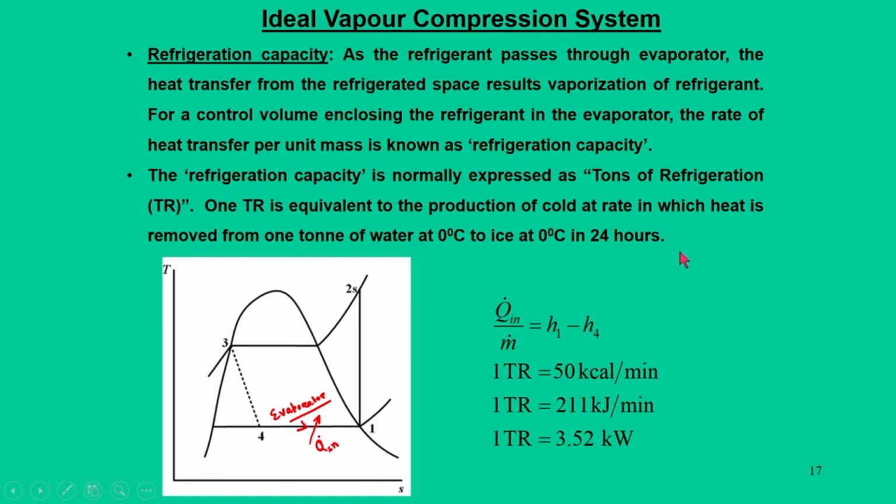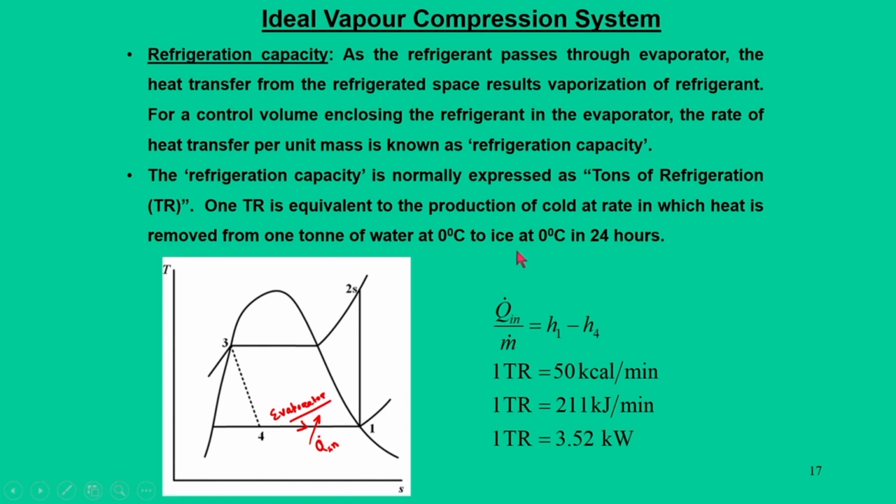We take 1 ton of water and we want to remove heat from this water to make it ice. The amount of heat required in 24 hours is nothing but 1 TR.